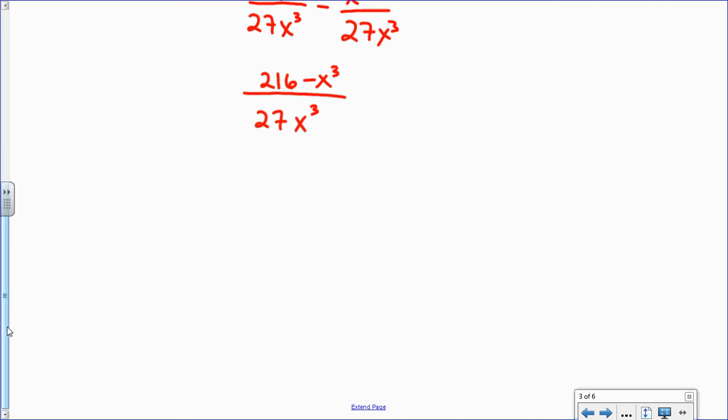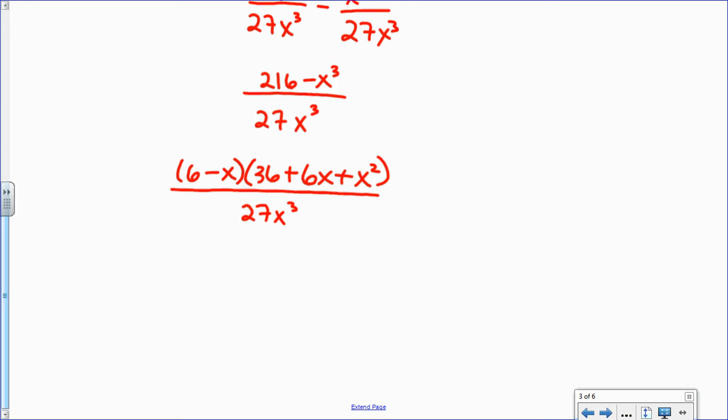So my A would be 6, my B would be x. So it's 6 minus x, and then 6 squared, which is 36, plus 6 times x, which is 6x, plus x squared, which is x squared. Okay, nothing cancels out yet.